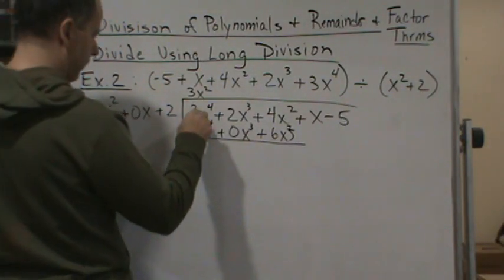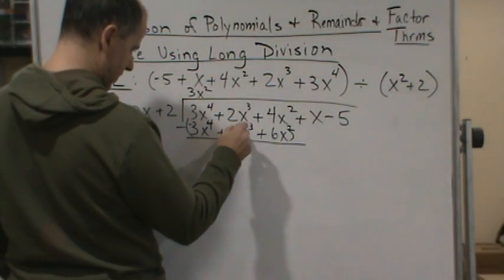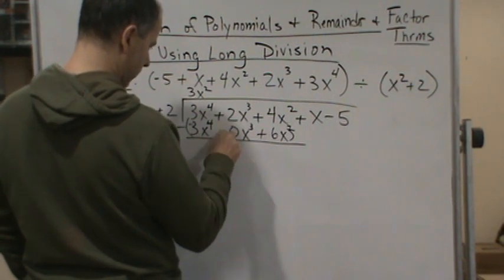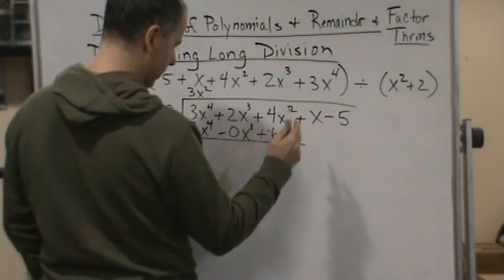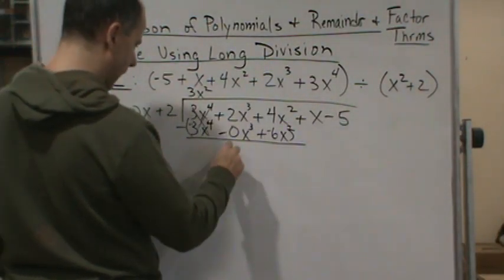So now, if I subtract, then this is going to become negative. This doesn't matter. It's going to just become subtraction, and this is going to become negative. So now I'm just going to subtract down. This is going to go away.